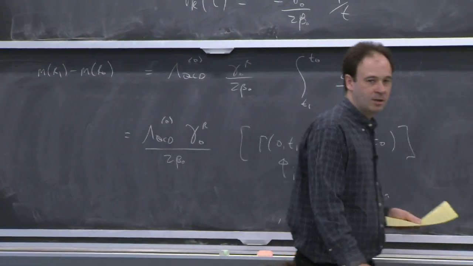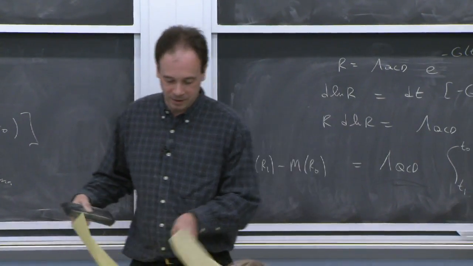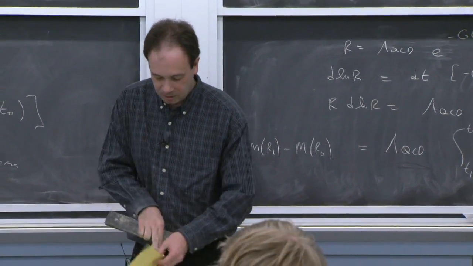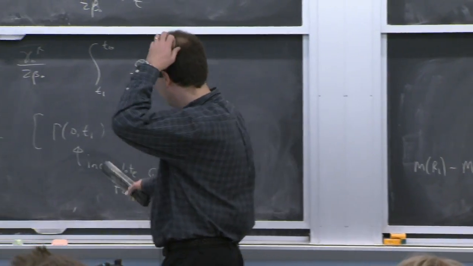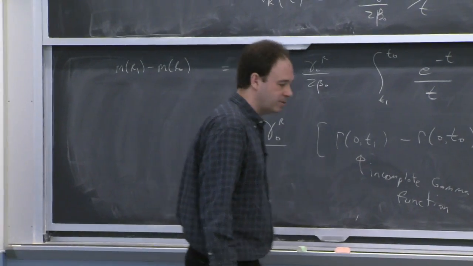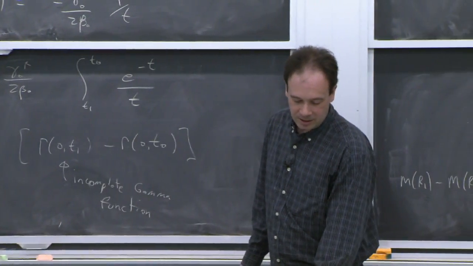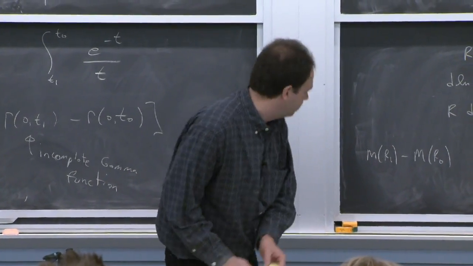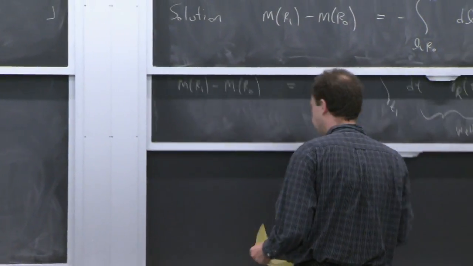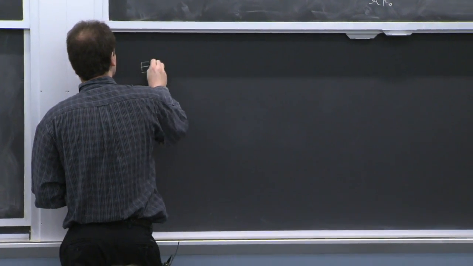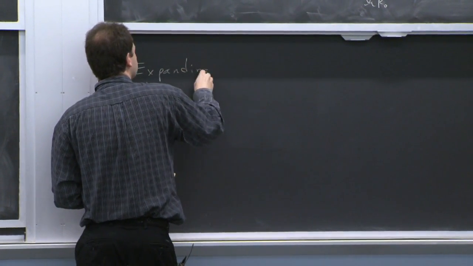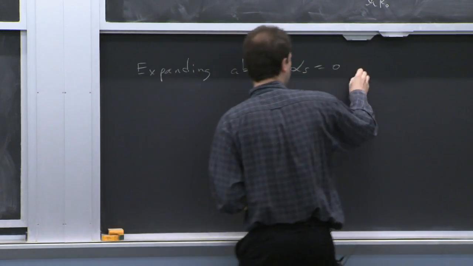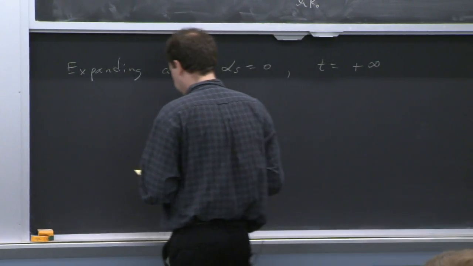And actually, the incomplete gamma function is an example of a function that has an asymptotic expansion. So if we look at what happens if I expand this incomplete gamma function in alpha, t, remember, is 1 over alpha. I can expand about alpha. Then it has a series that has factorial growth. Just write that. So expanding about alpha equals 0 is expanding about t equals infinity.